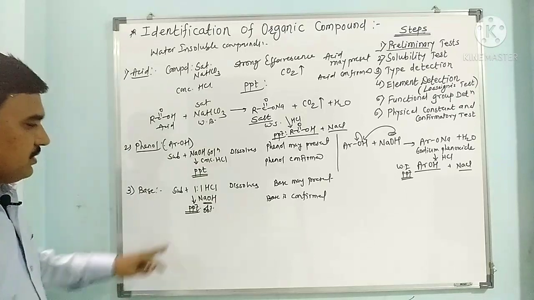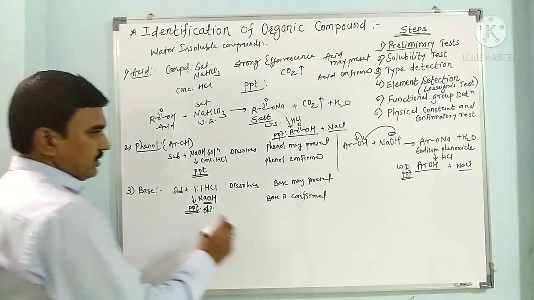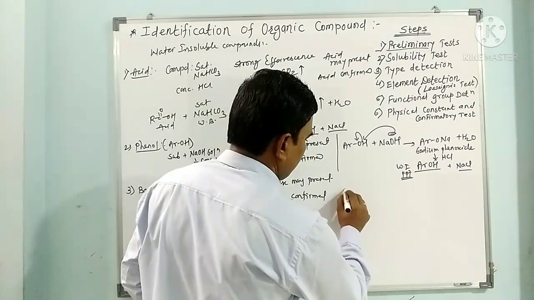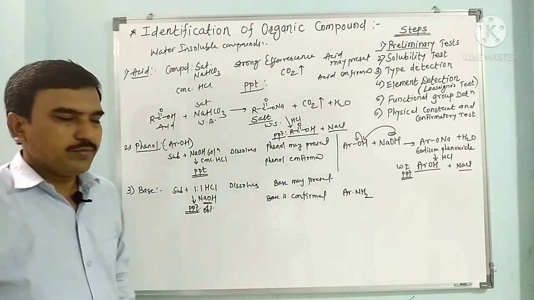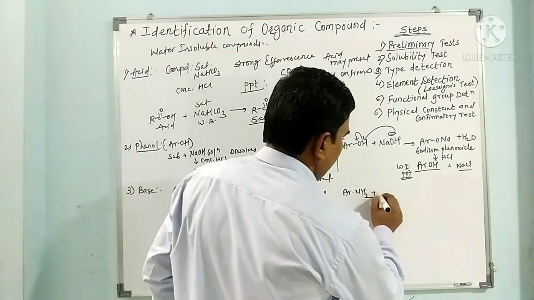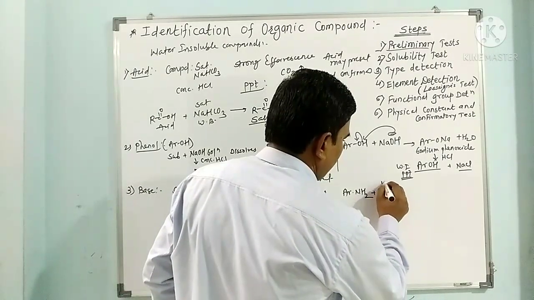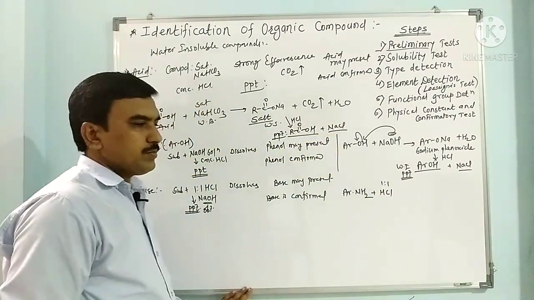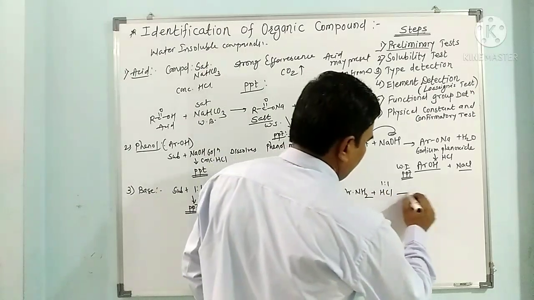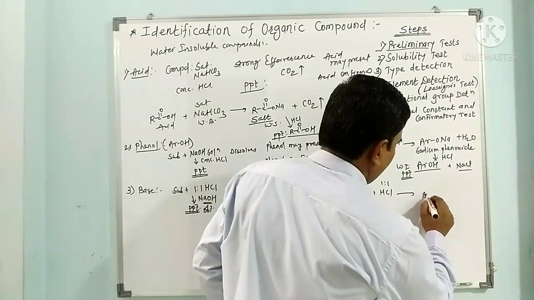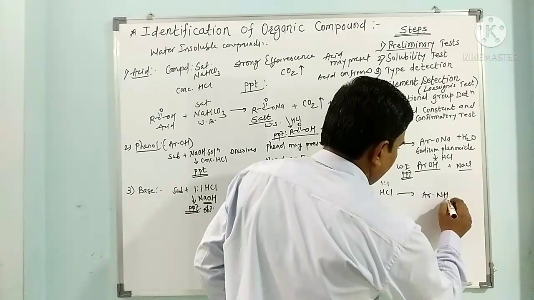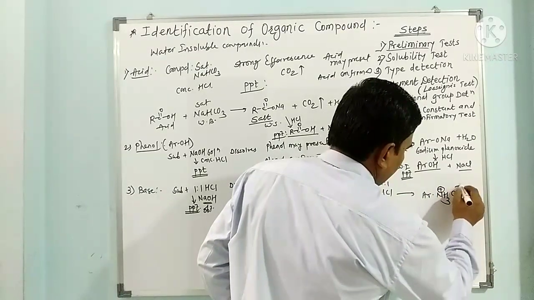Now how can we take the test of base? For the base, bases are generally amines. Suppose it is ArNH2, an aromatic amine. We are adding here HCl, here it is 1:1 HCl, so it is 50% concentrated HCl. When we add this HCl, we get ArNH3+ Cl minus.